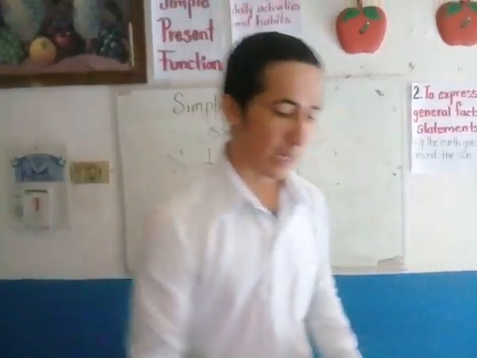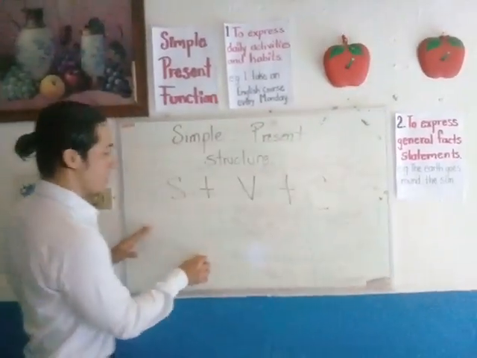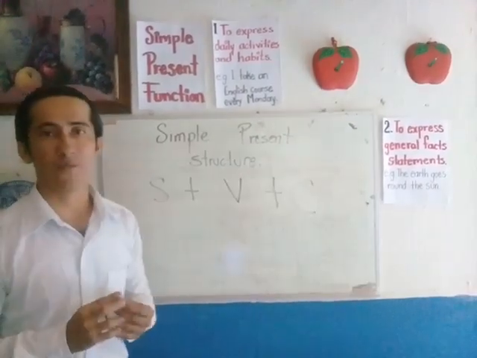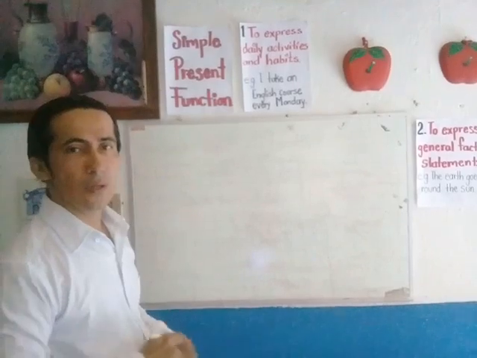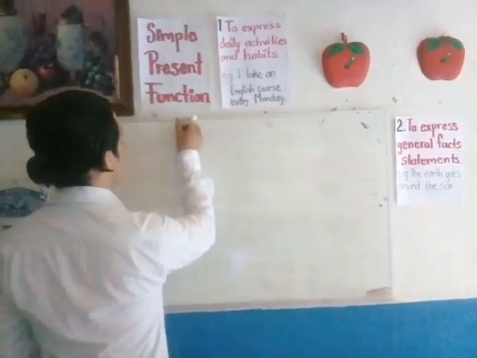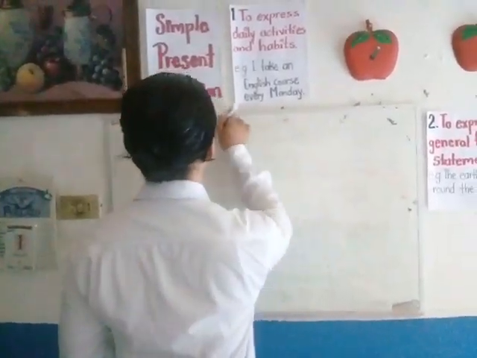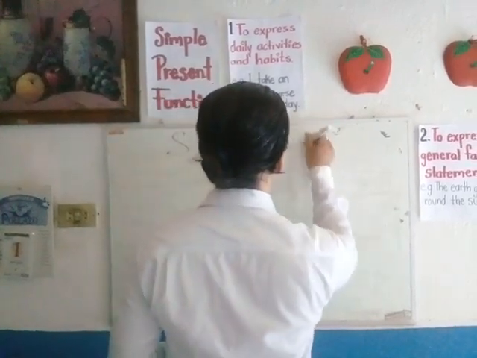So this is the general structure that we have to use in English. Remember, we have the subject plus the verb plus the complement.